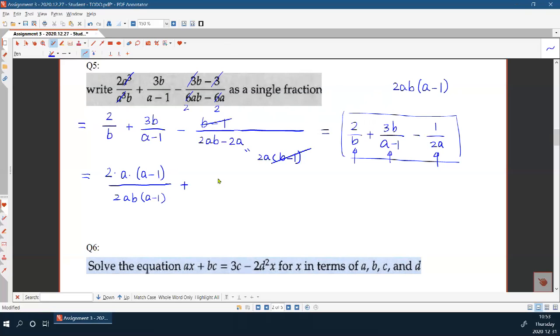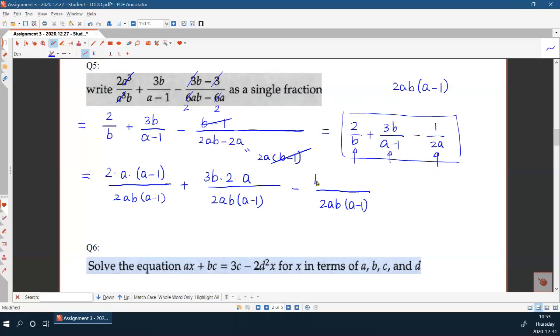And the second term becomes, okay, we use same common denominator. And the numerator becomes 3b times 2 times a, right? Okay, the third one becomes 2ab times a minus 1 in the denominator.